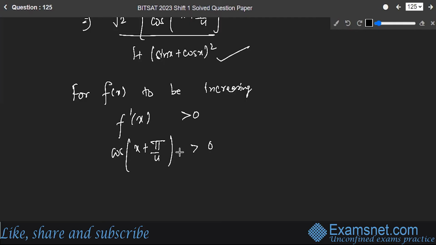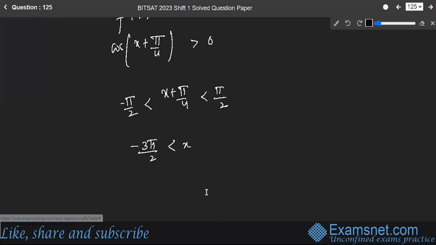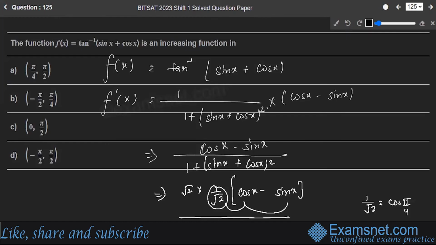That makes x plus pi by 4 lie between minus pi by 2 to pi by 2, or on solving this will give me minus 3 pi by 4 less than x less than pi by 4. So this makes option B the right answer. Hope you understood that. Let's move to the next question.